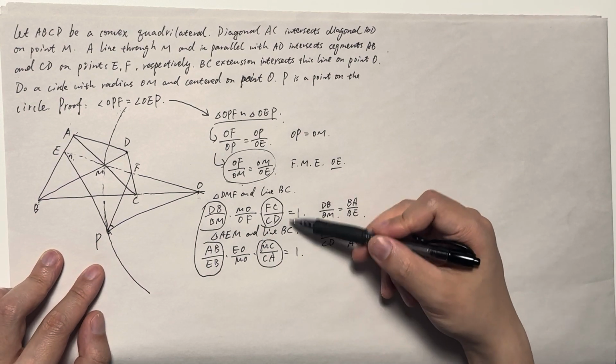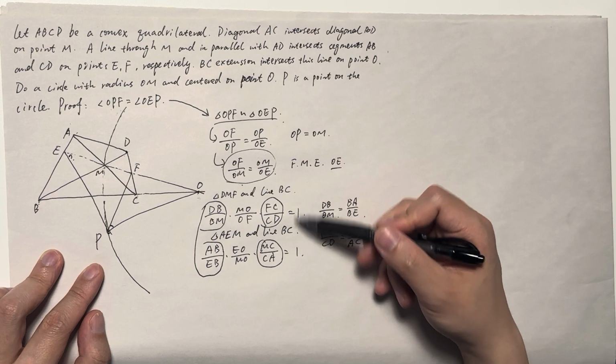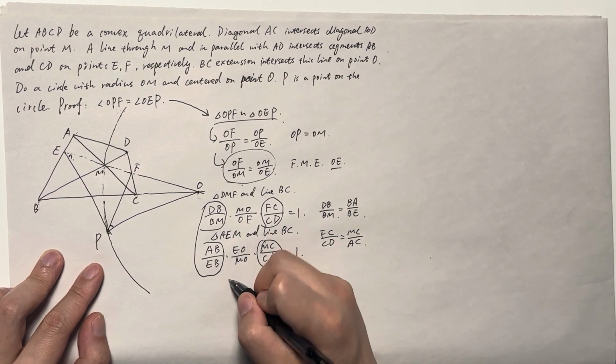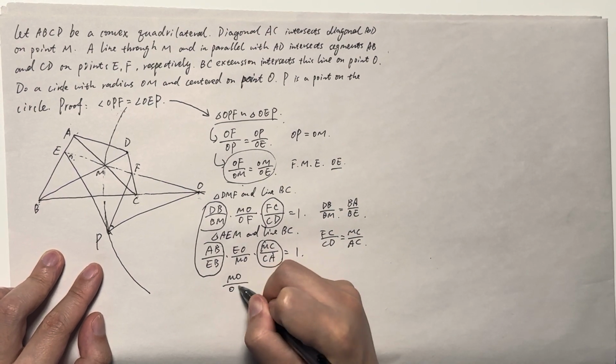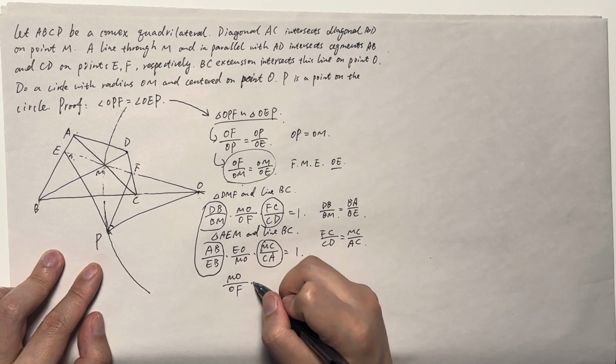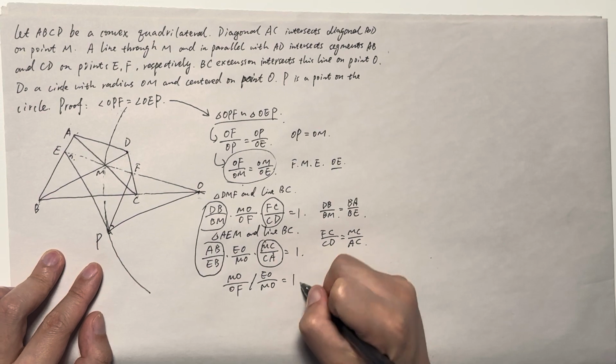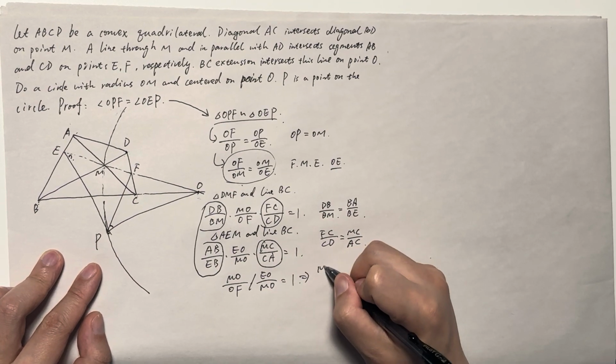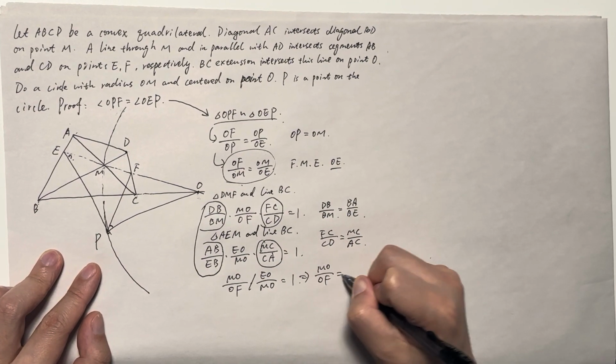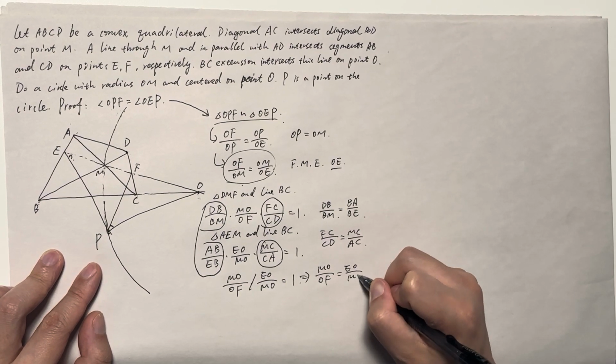So if we divide these two equations, we get the ratio MO to OF divided by the ratio EO to MO equals 1. That means MO divided by OF equals EO divided by MO.